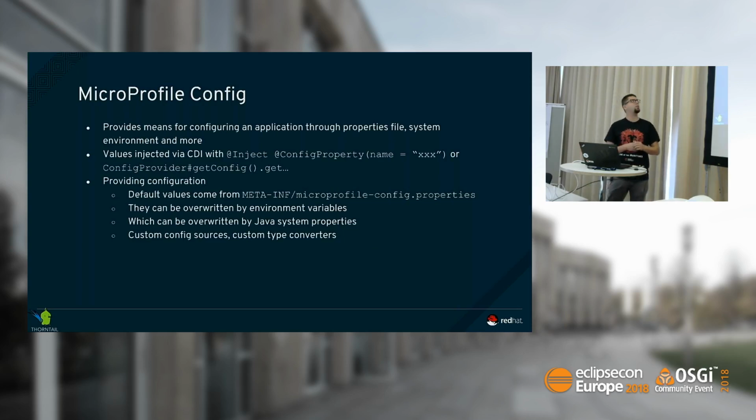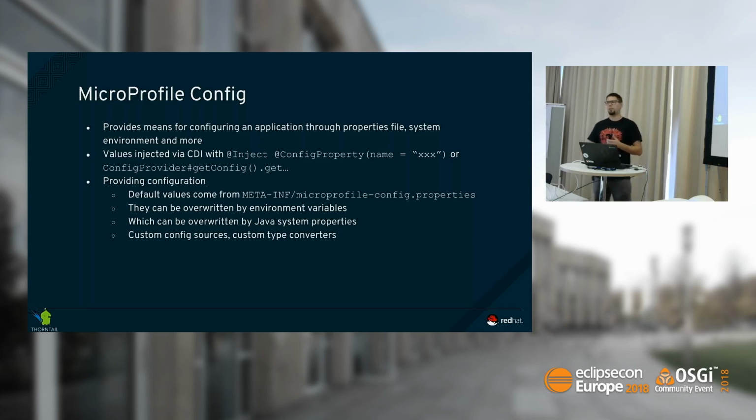specifications. So for configuring applications, we have MicroProfile config. With MicroProfile config, you can inject the configuration values with CDI, like here with @Inject, but you can also get them programmatically, and you can define these values in a properties file in your application, but you can override the values with an environment variable or with Java system properties.